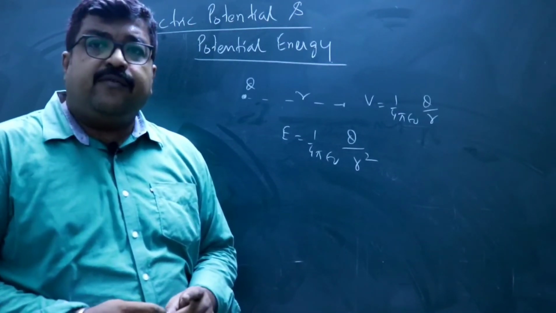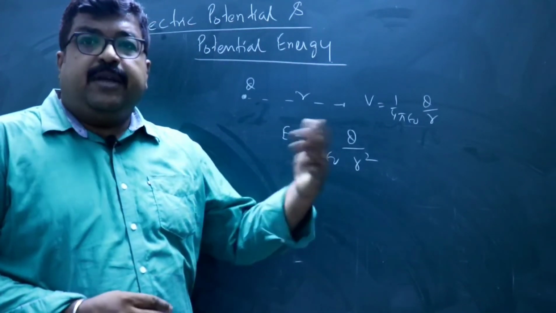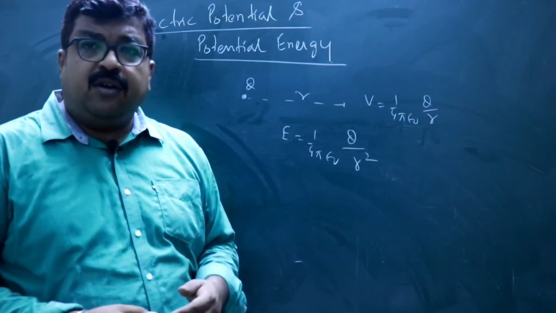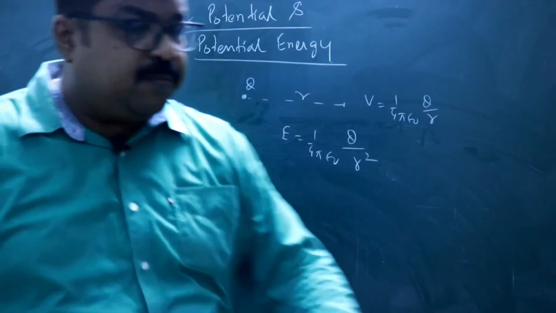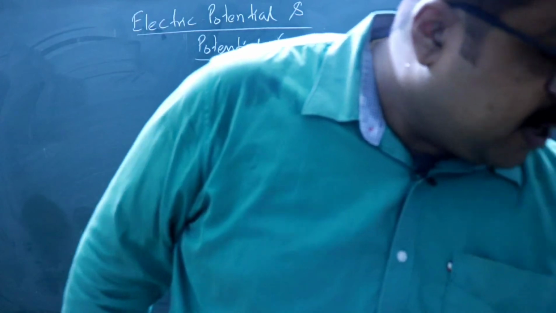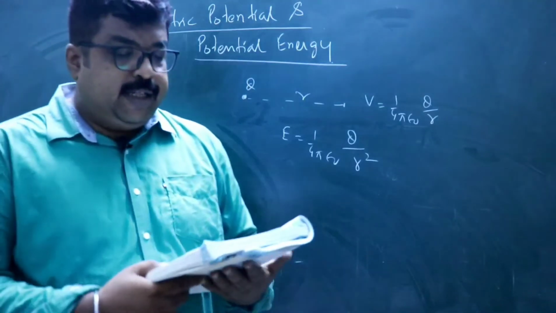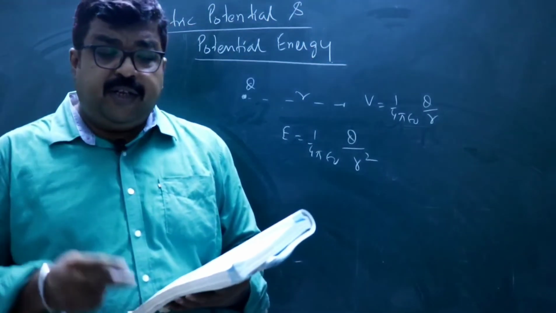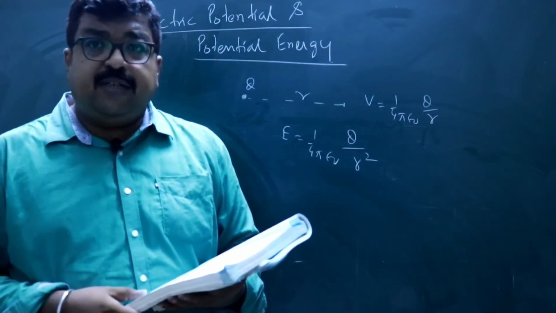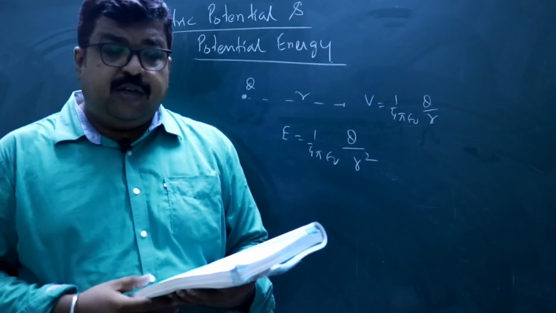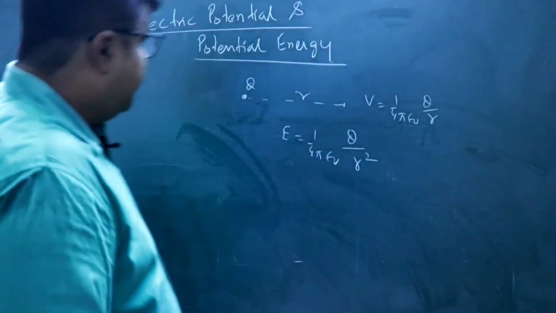So the fall in electric field intensity in comparison to electric potential will be much faster. That is explained in this graph on page number 55 in your NCERT textbook: the fall in electric field intensity is much faster in comparison to electric potential.